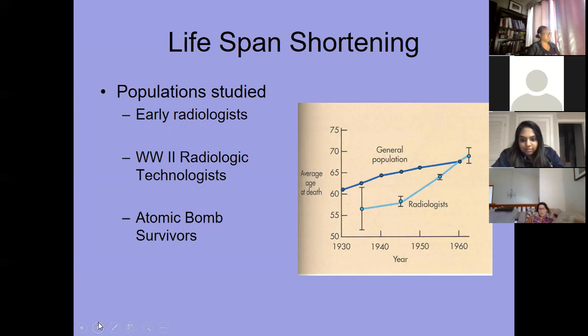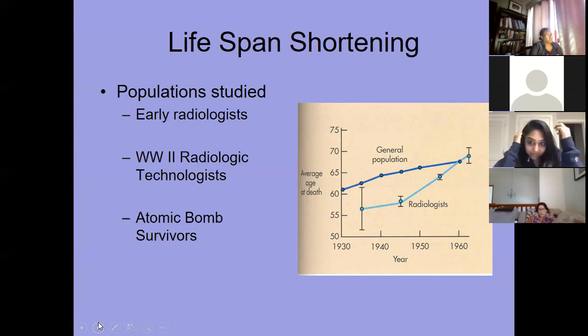So there have been populations studied relative to lifespan shortening. And the first were the early radiologists. And when I say early, many of them were not even called radiologists at the time, because these were just the doctors that worked with radiation, in the early part of the 20th century.